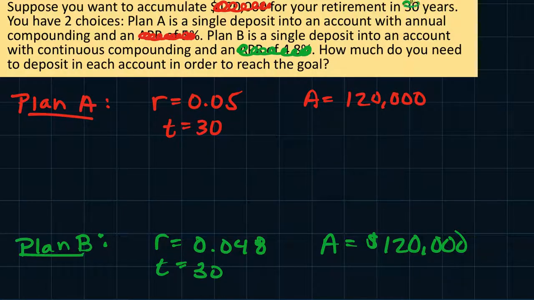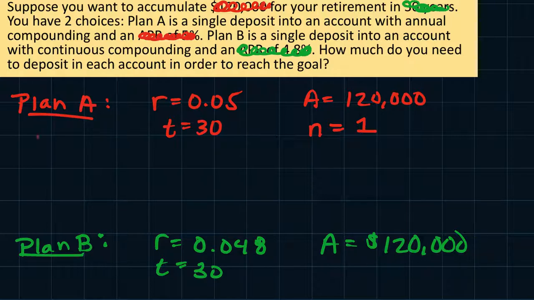Okay? Now, we need to figure out if there's anything else we need. Let's read carefully. Plan A has annual compounding. Okay? Annual compounding, that tells us the N. N here is going to be 1.